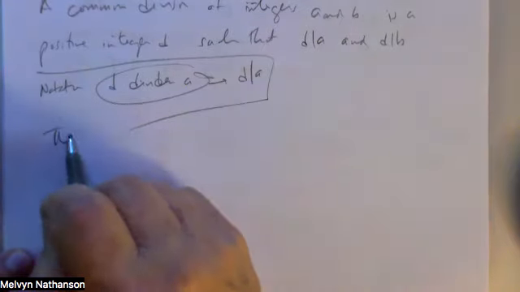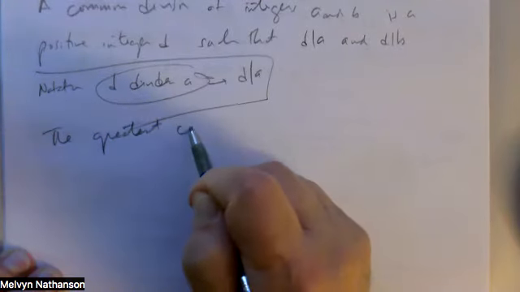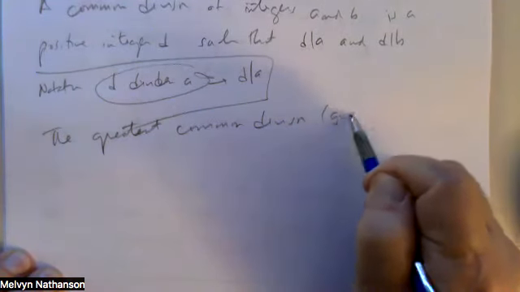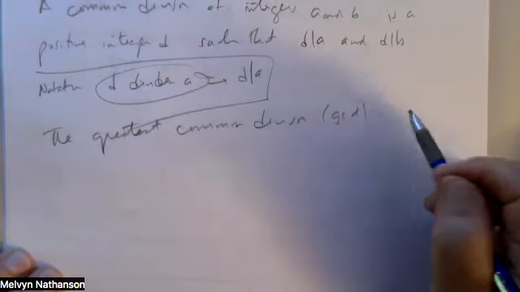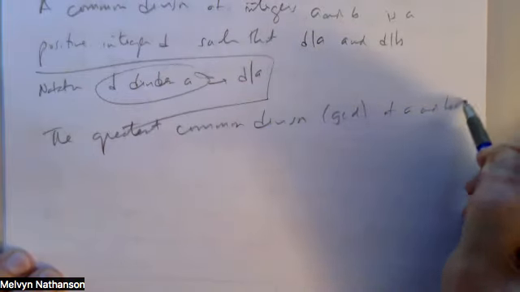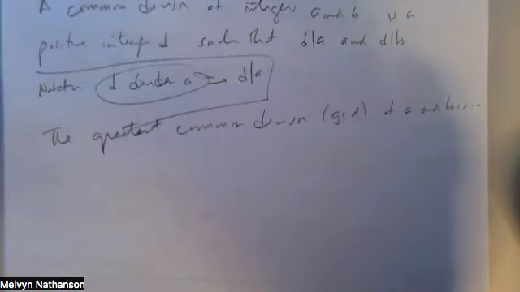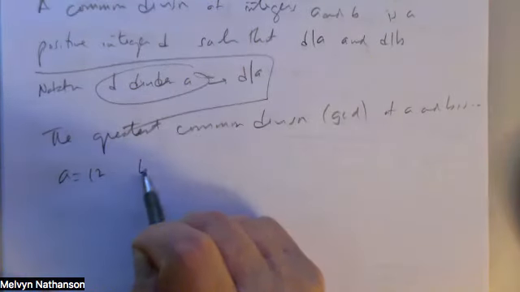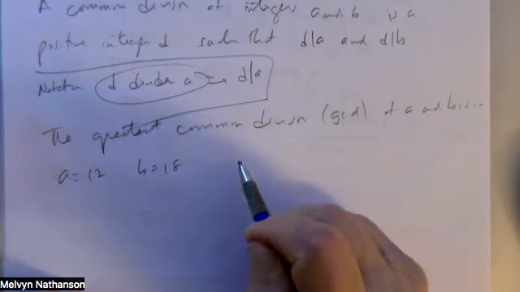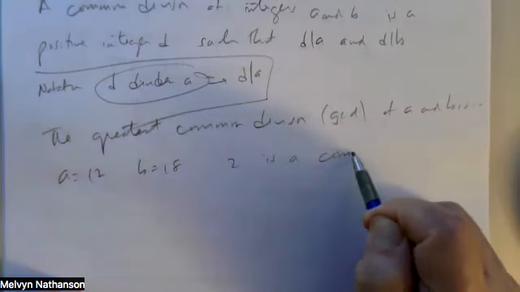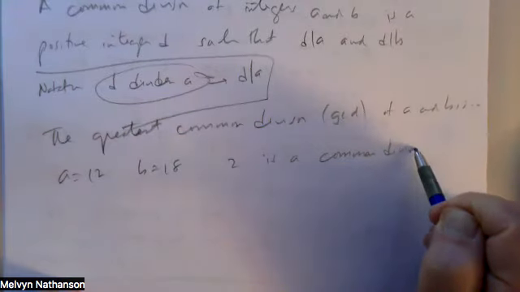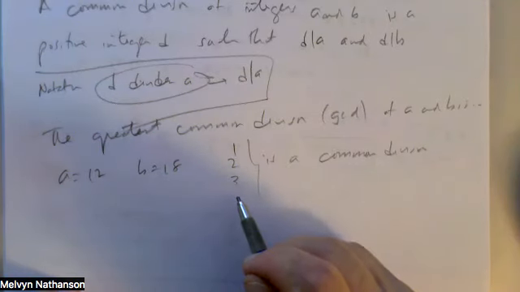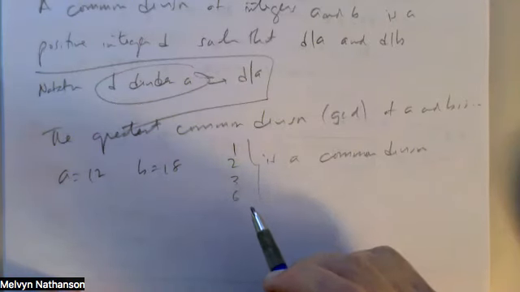And the greatest common divisor, abbreviated GCD, of A and B is exactly the greatest common divisor of A and B. So if I take A equal 12 and B equal 18, 2 is a common divisor. 1 is a common divisor. 3, 6, these are all common divisors.